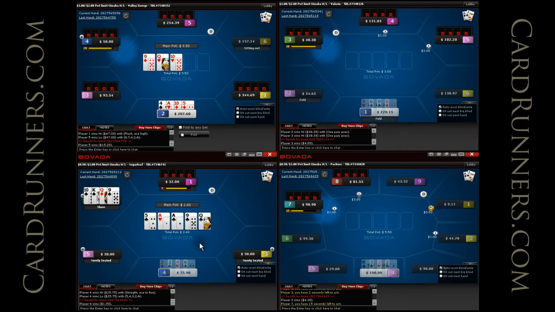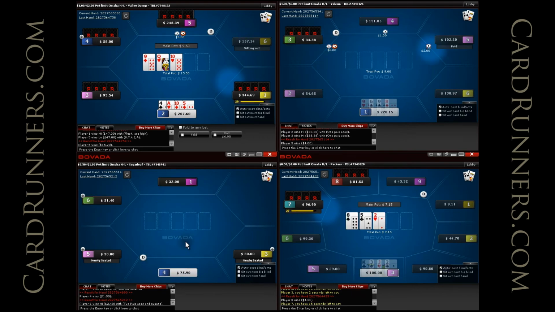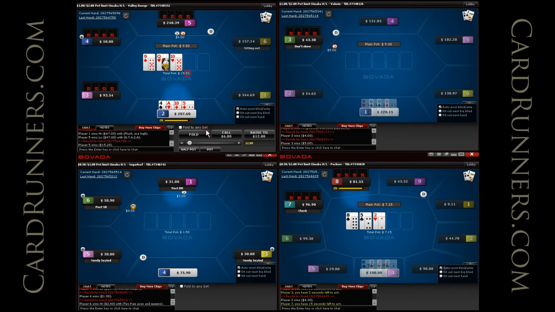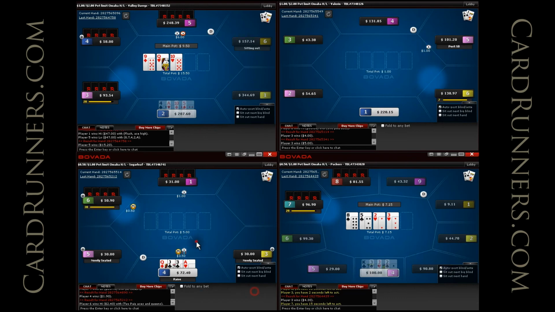So I try to get action. If you see, I just sat down here with 50 at a $51 table, and I got four players on here that aren't buying in full. And after a couple hands, I'm going to top off here.